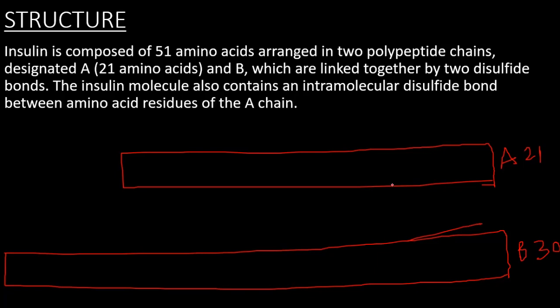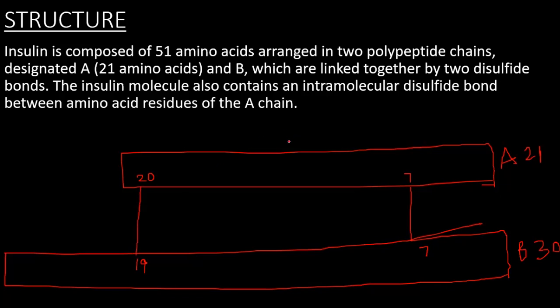Now, they have intermolecular disulfide linkages. The cysteine at position number 7 here will link with another cysteine at position number 7 here. Okay, so a disulfide linkage there. Then see another cysteine here at position number 20 on the A chain, which links with a cysteine at position number 19 on the B chain for another disulfide linkage.